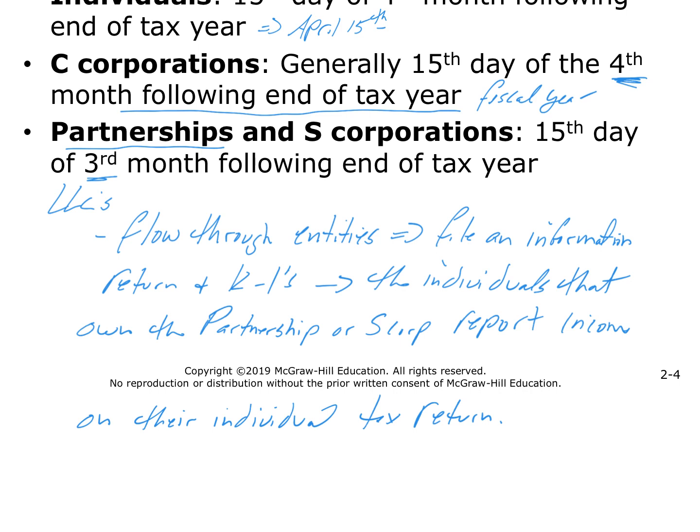So they need those K-1s from that partnership or S corp or LLC in order to file their taxes. So that is why there is that month in between. It makes sense.